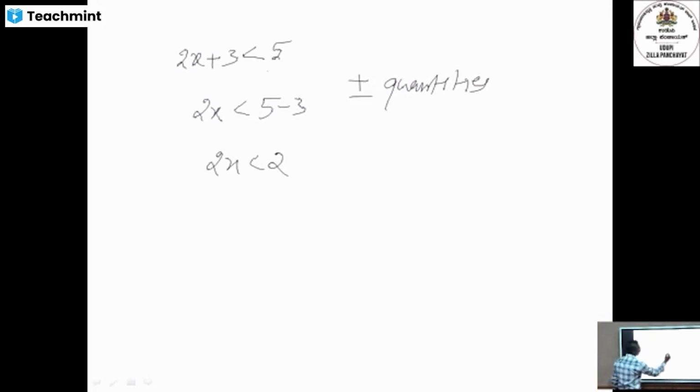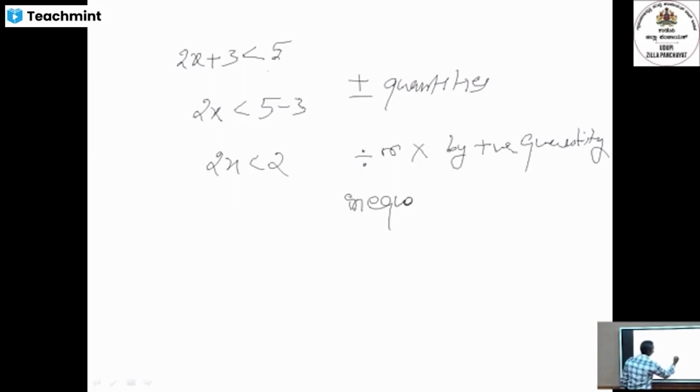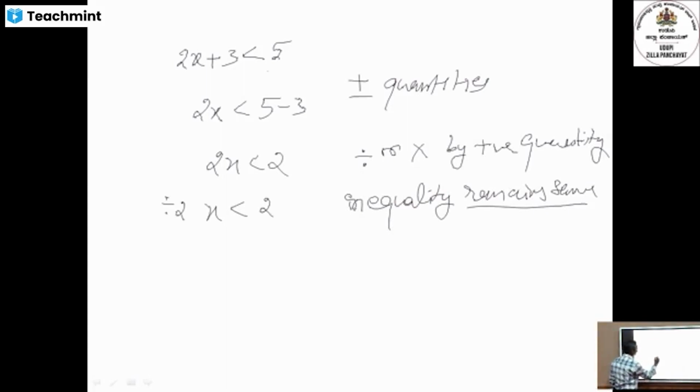Now we can divide or multiply by a positive quantity, and the inequality remains the same. So you divide by 2, and x is less than 2 by 2, which is equal to 1. So x is less than 1.